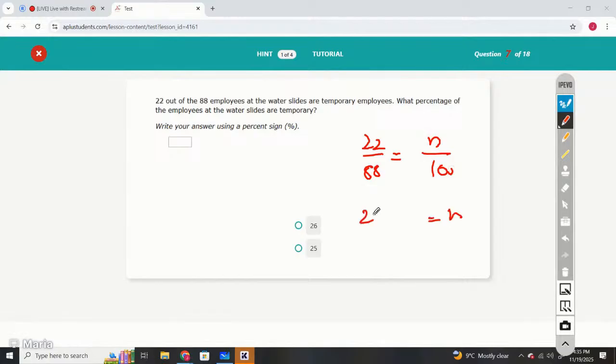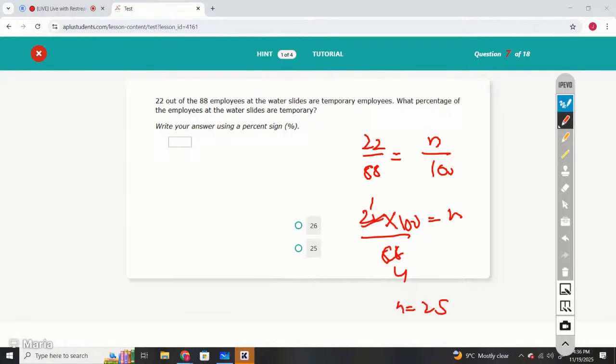So n is equal to 22 times 100 over 88. 22 times 1 is 22, 22 times 4 is 88. That is 25%. n is equal to 25.